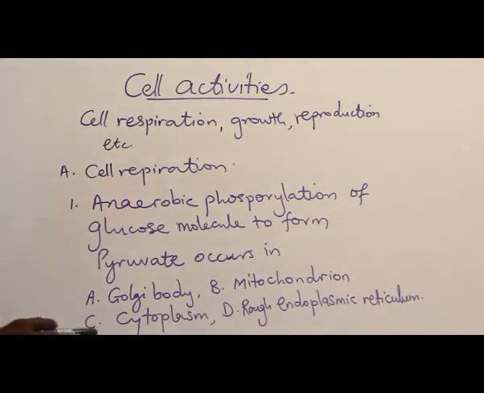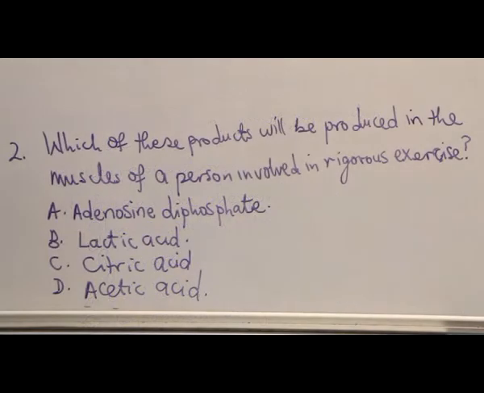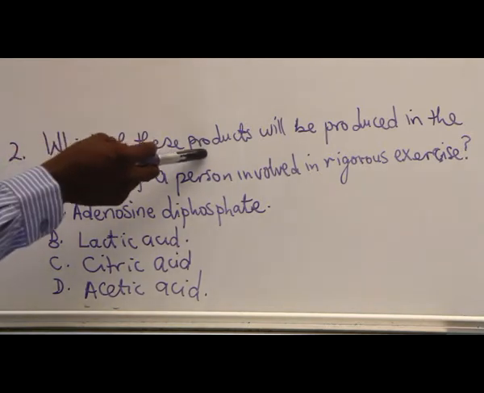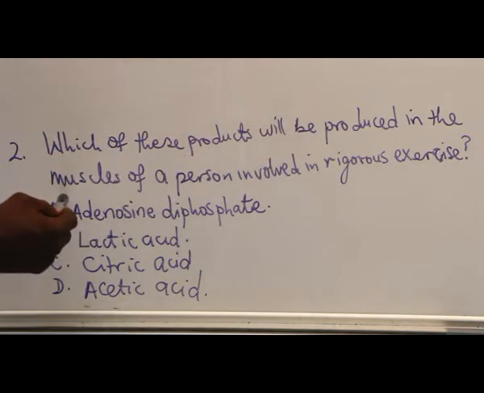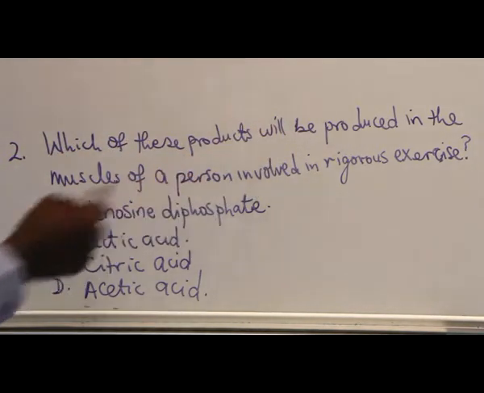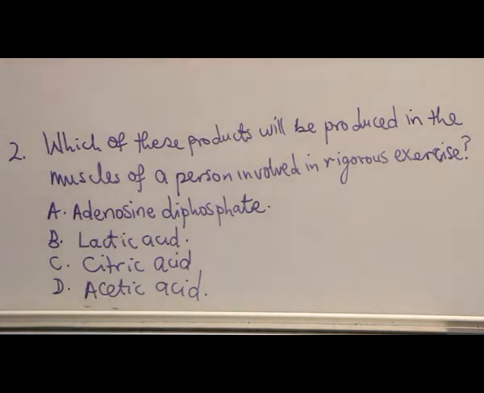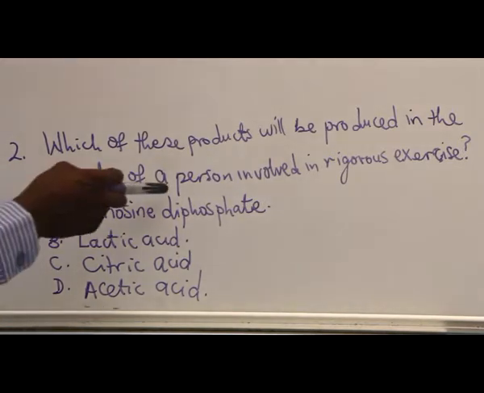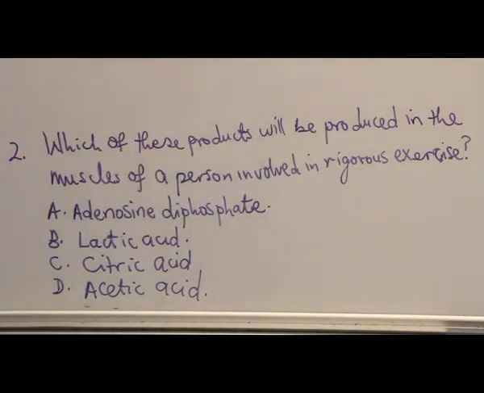So the answer is C. Number 2, which of these products will be produced in the muscles of a person involved in rigorous exercise? The principle behind this question is this: when somebody is involved in rigorous exercise, all the blood is pumped into his muscles.